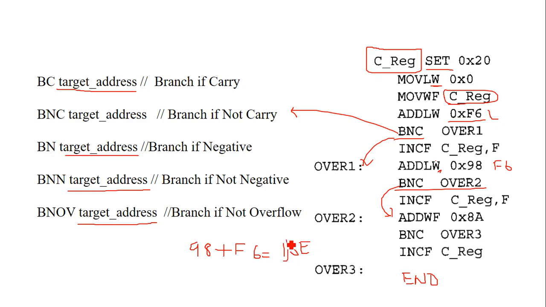This carry will be checked against the answer in the WREG register. If you find the 1 is there, then increment your register. That means your 1 goes to C_RG. If carry is not generated, then it jumps to this and adds one more number. But here in this addition one carry is generated, so it moves out of this instruction and increments the C_RG, which is a file. That's why it's written as f.